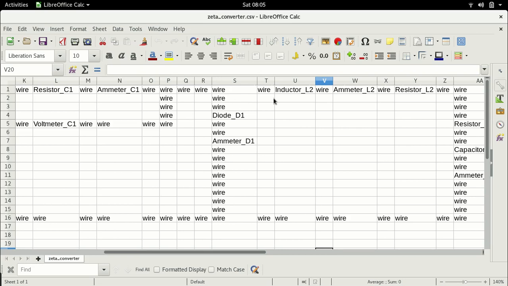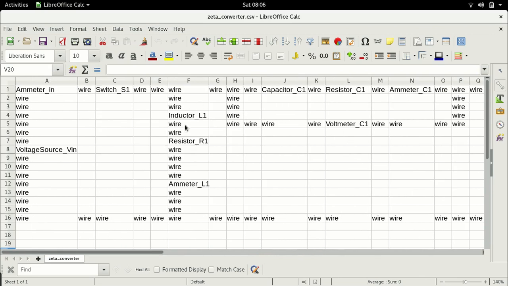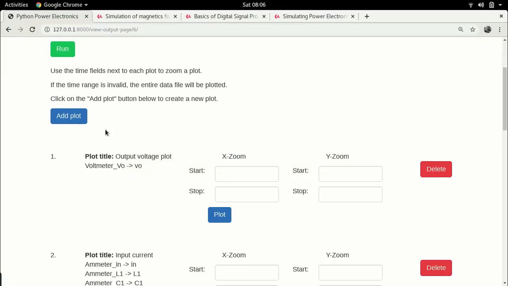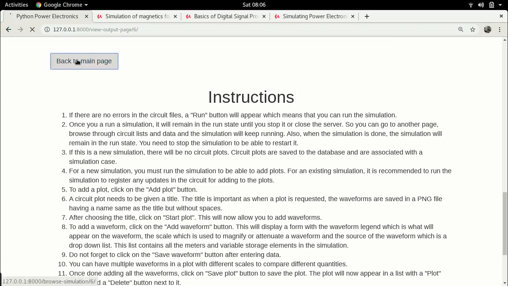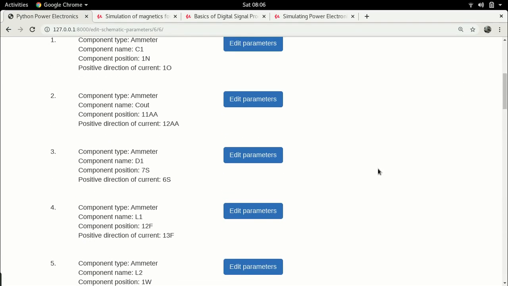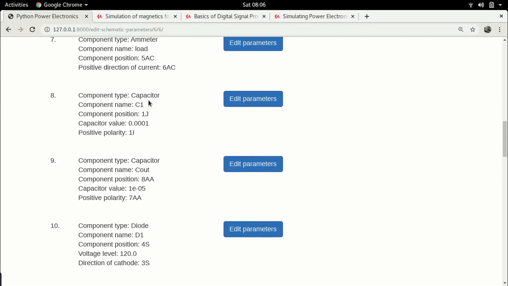Now I would encourage you to measure the voltage across this inductor and across this inductor and verify that for yourself. Another thing we can do is go over to our main page, edit circuit parameters, and check out the component parameters. We will ensure that this decoupling capacitor and the output capacitor are comparable.